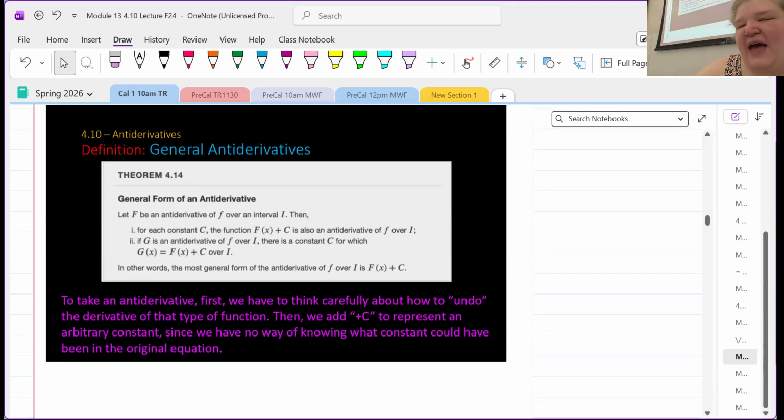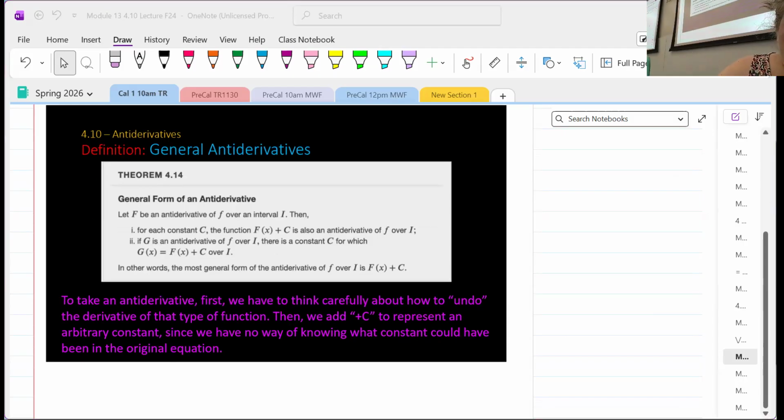So to take care of that arbitrary constant, we put a plus c on the end of our antiderivatives. So f of x with 0 as our constant or plus c, c could be any constant.